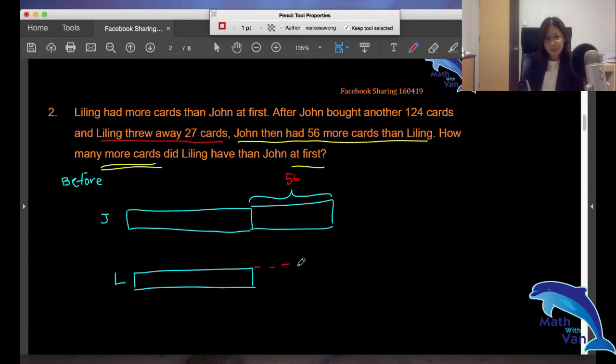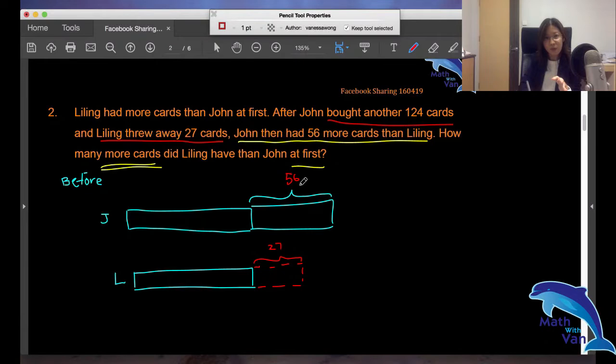So I'm going to add this part, the 27 here. Since Li Ling did not throw away the 27 cards at first, I'm going to work out the change for John as well. John bought 124 cards. Did he buy so many cards at first? No. So now I'm going to take away.